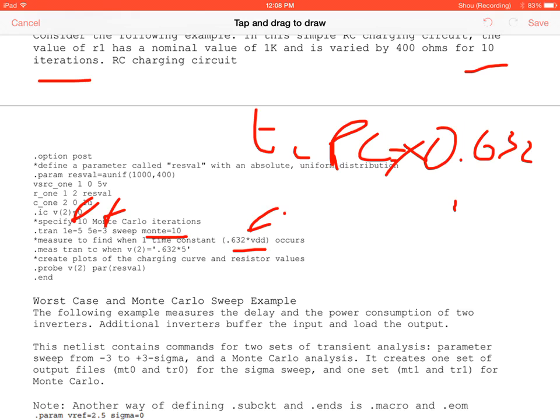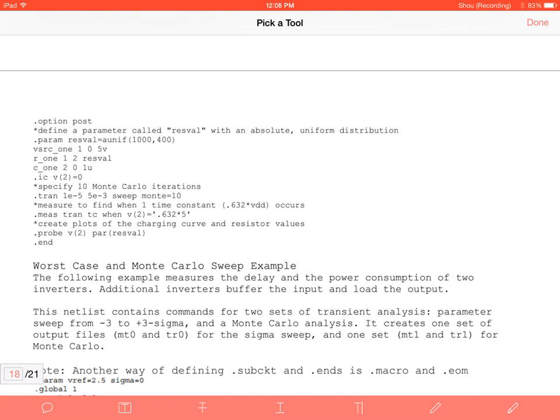So what you're going to be doing is measuring the transient TC. We're going to call TC the time constant when V2 is equal to 0.632 times 5, because it's 5 volts. They could have just done a .param supply is 5. That would also work. So you can combine some concepts there.